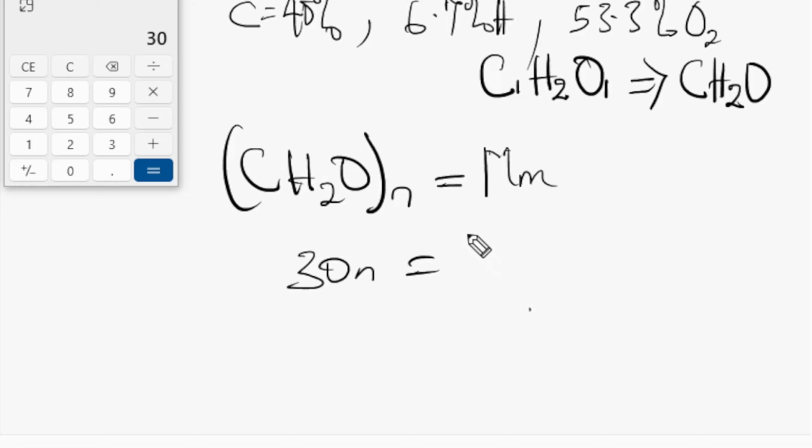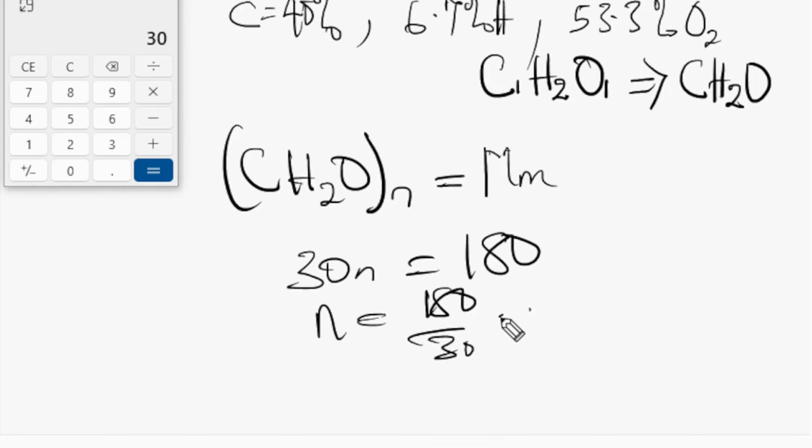So that's 180 here. So if 30 N is 180, then N is going to be 180 over 30. So guys, let's calculate this here. 180 over 30, that's 6 guys. So N is equal to 6.